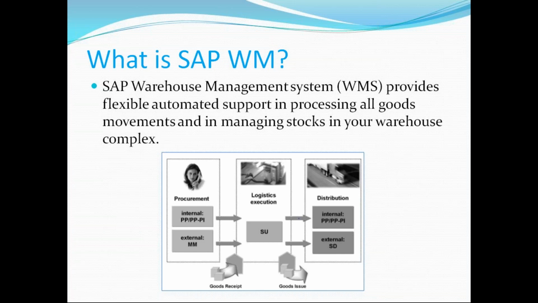So for production of the end product or semi-finished product, your internal procurement team will be obtaining the raw materials from your warehouse. That is the way in which your internal procurement is linked to your warehouse execution system.